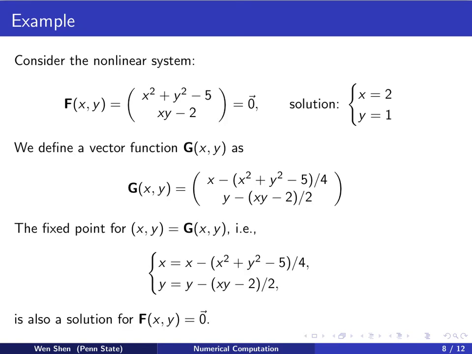Then the fixed point equation, (x, y) equals g(x, y), is the following. The first equation will be x equals this expression in g, and the second is y equals this expression taken from g. So it's clear then, x would cancel x, y would cancel y, and getting rid of the factors 4 and 2, this simply is equivalent to the function f equals 0.